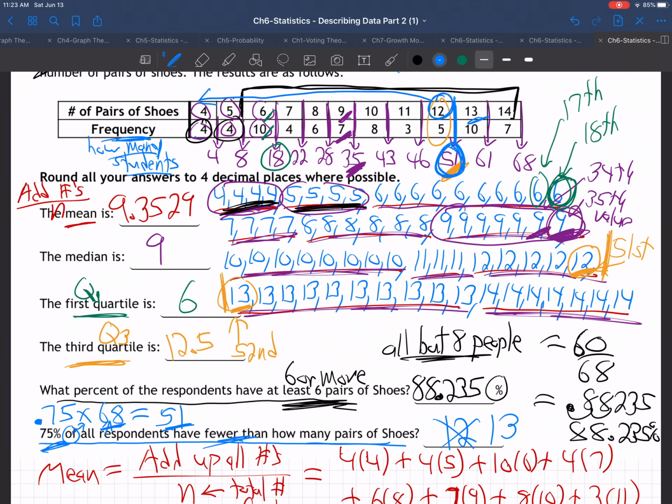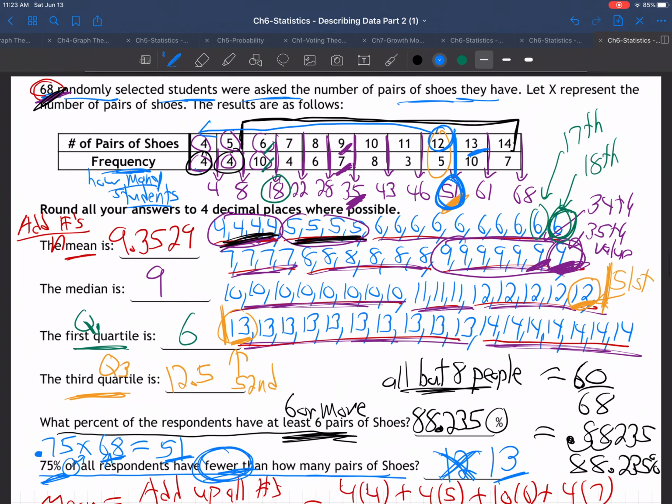So they have fewer than 13. I better be careful there. It didn't say 12 or less, it said fewer, so fewer than 13 pair of shoes. That's the real answer. That was a tricky question. So that was a long and difficult question. There we go.